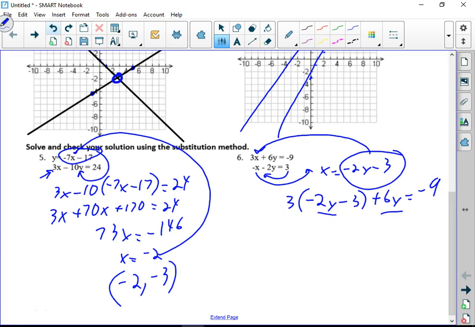So that's going to give you negative 6y minus 9 plus 6y equals negative 9. The y's cancel. At this point, it's still okay. You end up with negative 9 equals negative 9. That's a true statement. If you get a true statement, that's all numbers.